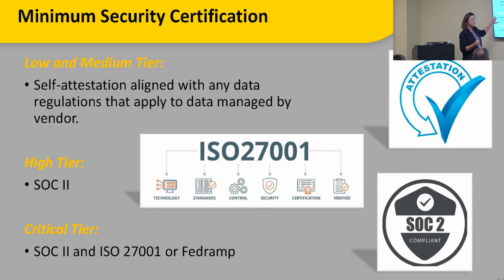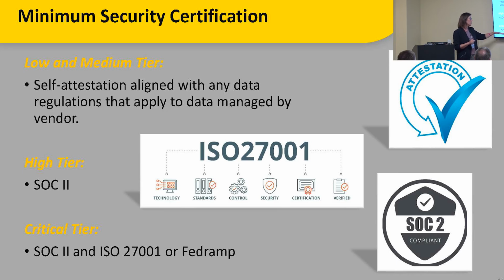For our high tier, which is our WSU restricted data, which typically is things like patient health information, controlled and classified information, some of that more sensitive financial information, we're gonna require a minimum of a SOC 2. That is our baseline that we shoot for every single time.